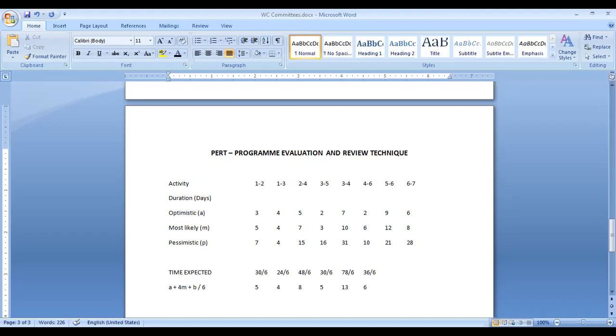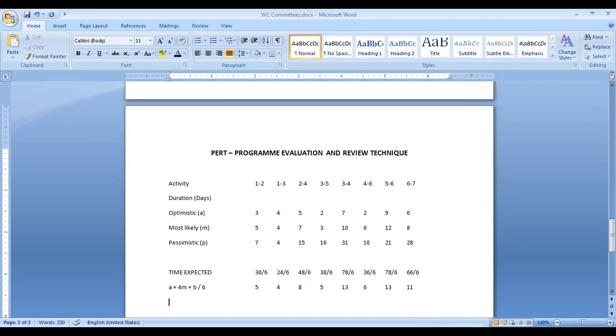Then 4 into 12, 48 plus 9, 57 plus 21 is 78. 78 by 6 is 13. Then 8 into 4, 32 plus 6, 38 plus 28, 66. 66 divided by 6 is 11.